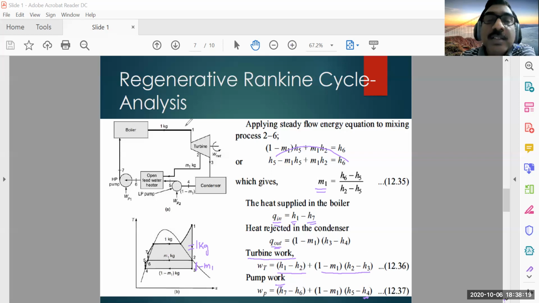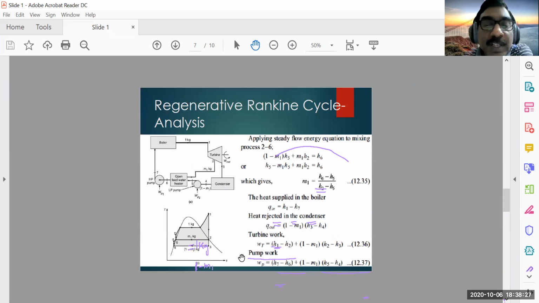And similarly, the pump work is like this. Two pumps are there. Total pump work is between this point and this point. So H5 minus H4, where the quantity is 1 minus m1, and here again full quantity, 1 kg, after mixing it will become 1 kg.